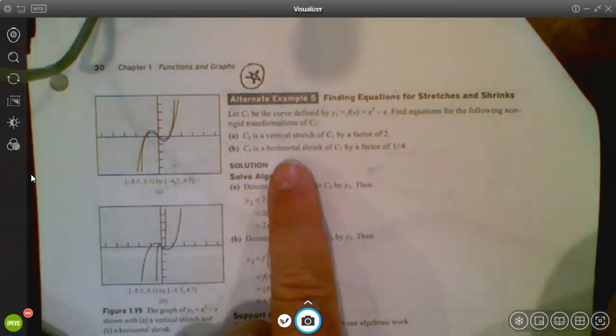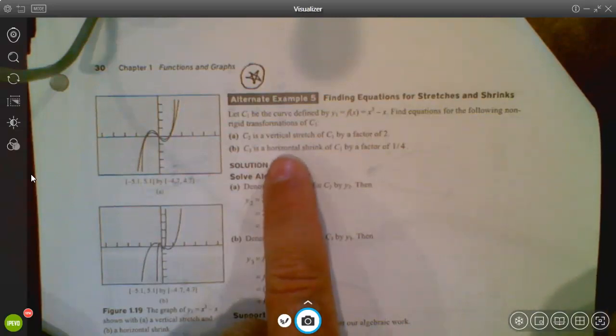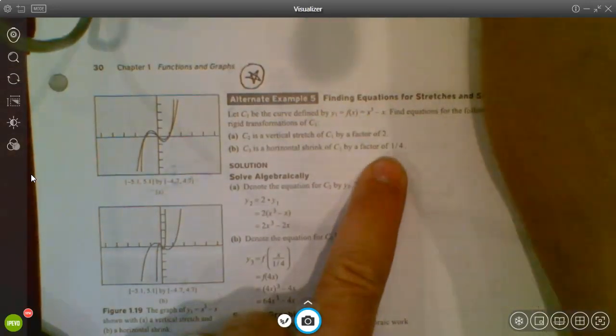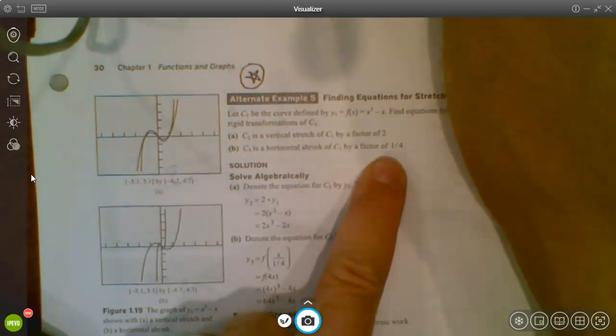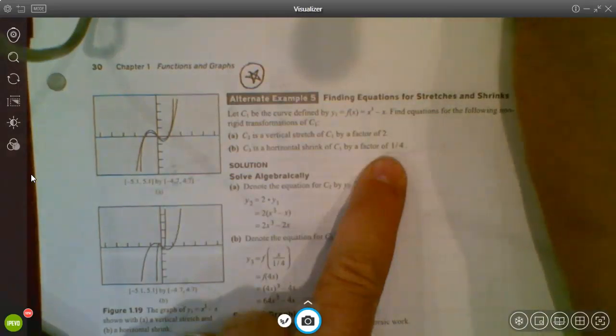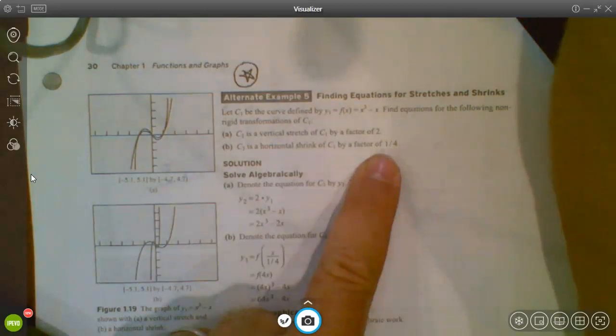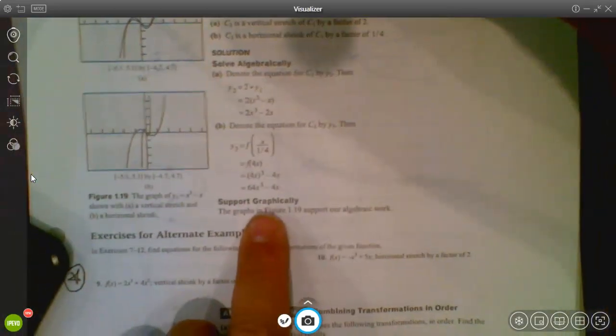The tricky ones are anything that does left and right, because these are always the opposite of what you would think. So if it's a horizontal shrink of a fourth, remember that means I am dividing my x's by 1/4. Well, dividing your x by a fourth is the same thing as multiplying by 4. They did a good job here of showing you both looks on that one.